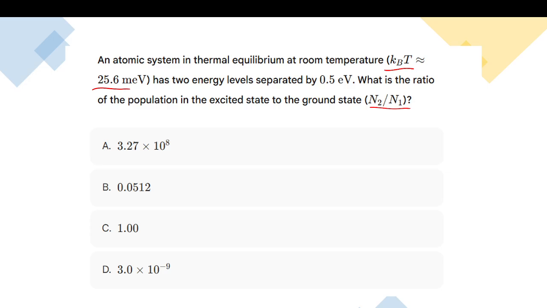So the energy gap between the two levels has been given, and they are asking for the ratio of the population N2 by N1. Could you try to answer this?